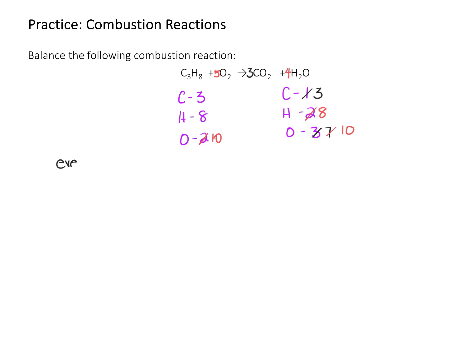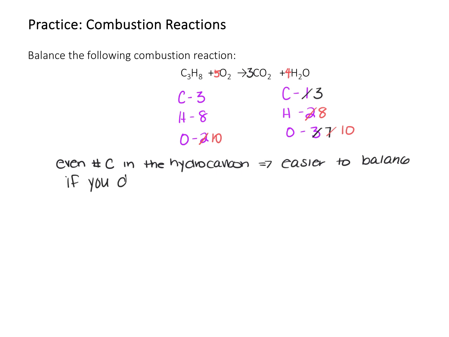So if you end up with an even number of carbons in the hydrocarbon of a combustion reaction, it is easier to balance if you double the hydrocarbon first. So what do I mean by that?